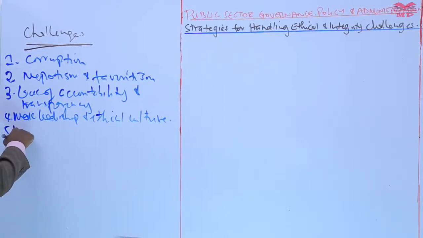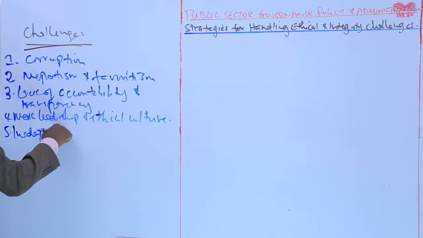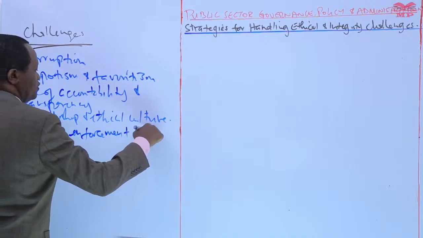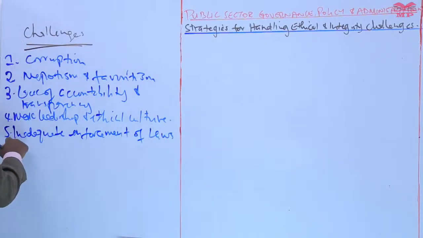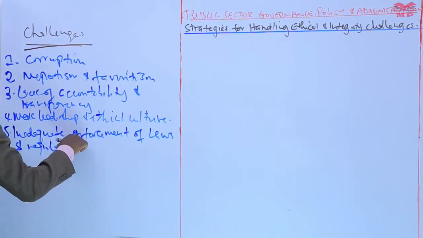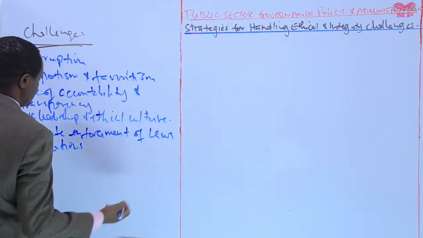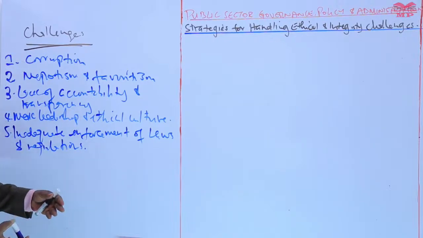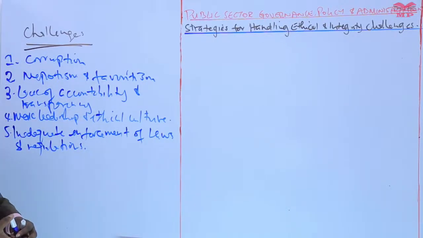5, inadequate enforcement of laws and regulations. Now, despite the existence of laws and regulations that are aimed at curbing corruption, in Kenya there are many laws, there are many regulations that have been enacted to curb corruption and promote ethical conduct.